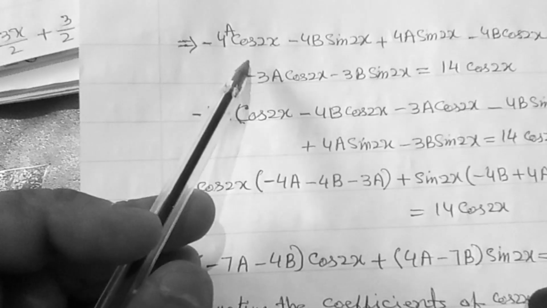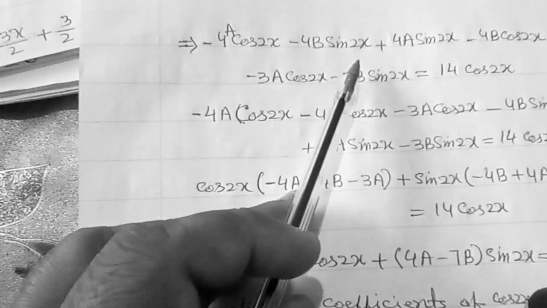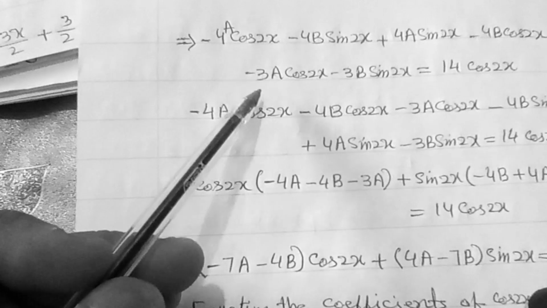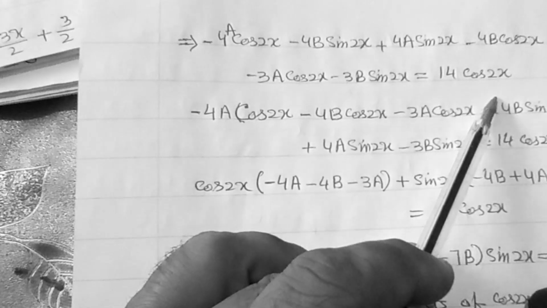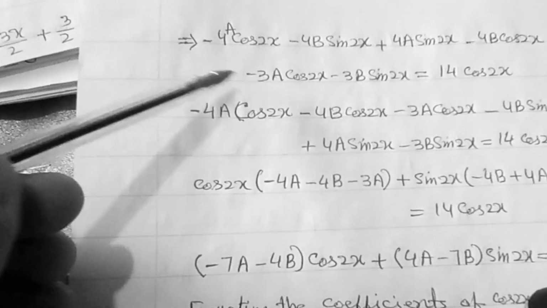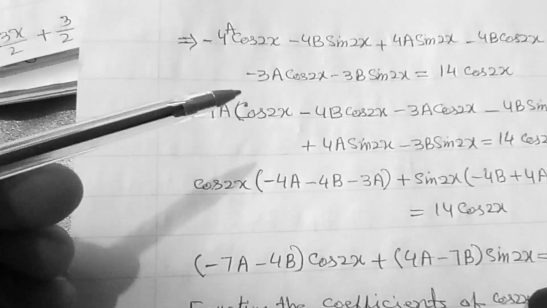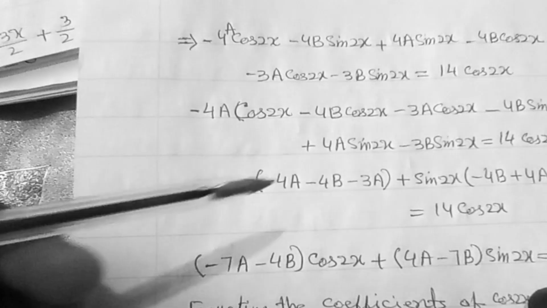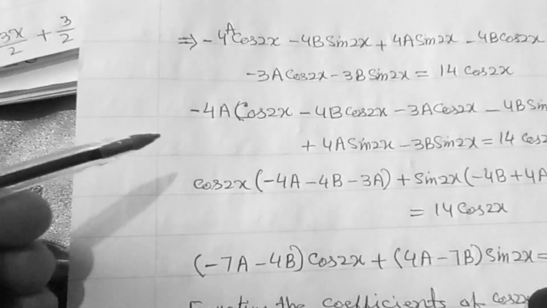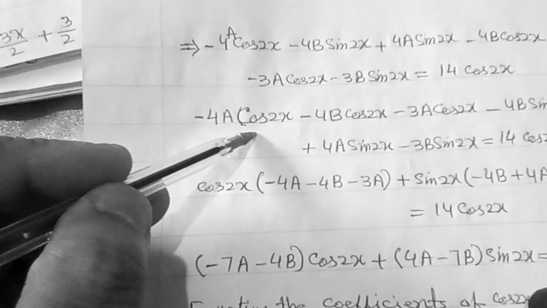So here, minus 4a cos 2x minus 4b sin 2x plus 4a sin 2x minus 4b cos 2x minus 3a cos 2x minus 3b sin 2x is equal to 14 cos 2x. Now equating the terms having similar coefficients, it can be written as minus 4a cos 2x minus 4b cos 2x minus 3a cos 2x.